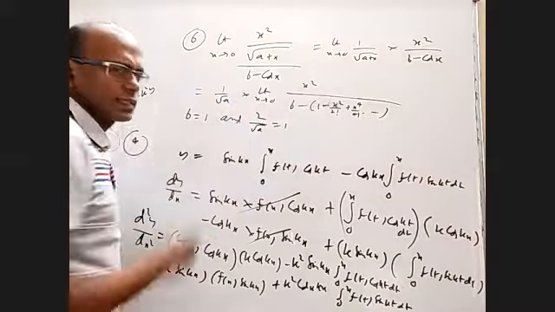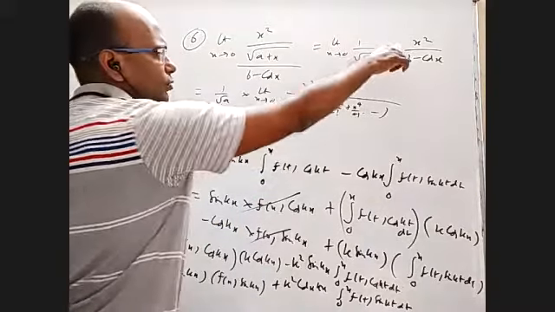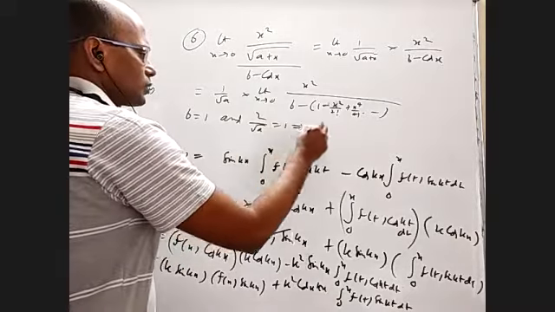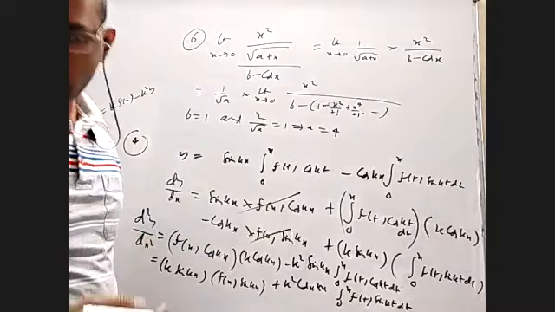So this expansion is not necessary. It has to be 0 by 0 form to get an answer as well. Then that will give you a is equal to 4. I don't know whether the answer is there or not.